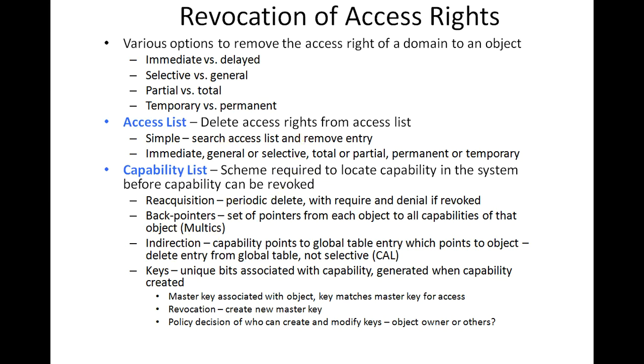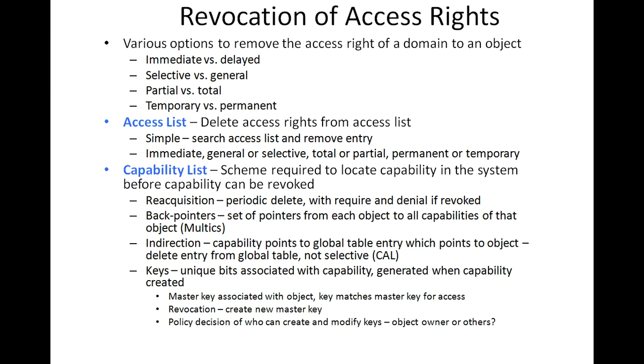In reacquisition, periodically capabilities are deleted from each domain. If a process wants to use a capability, it may find that the capability has been deleted. The process may try to reacquire the capability. If access has been revoked, the process will not be able to reacquire the capability.